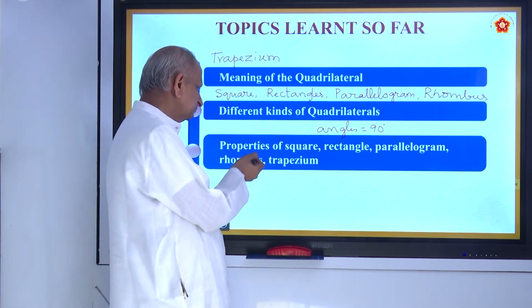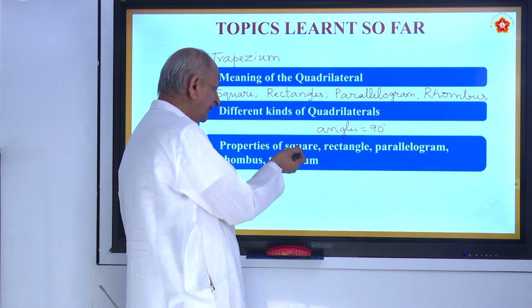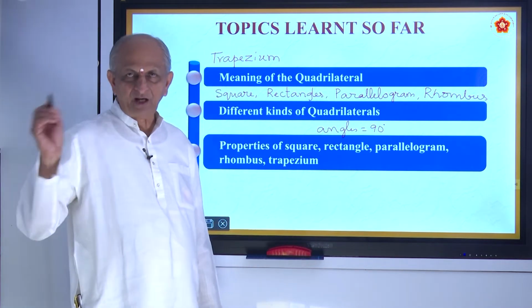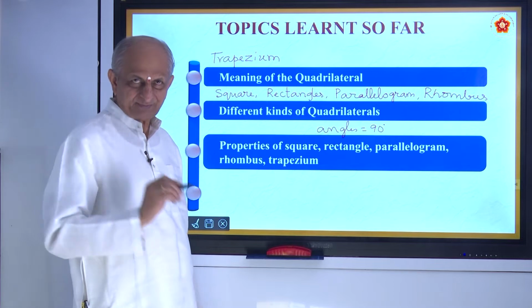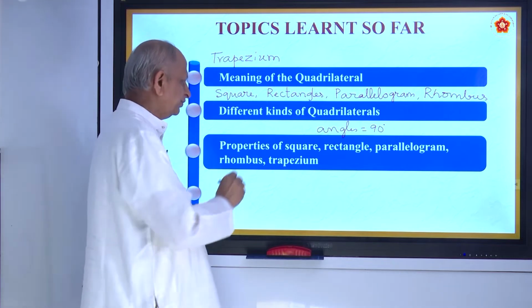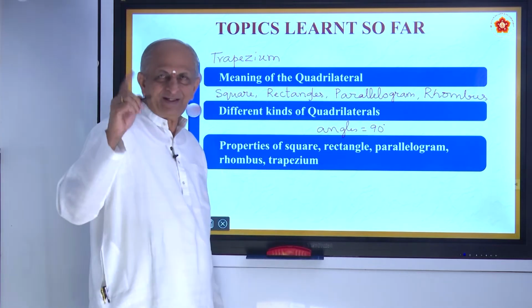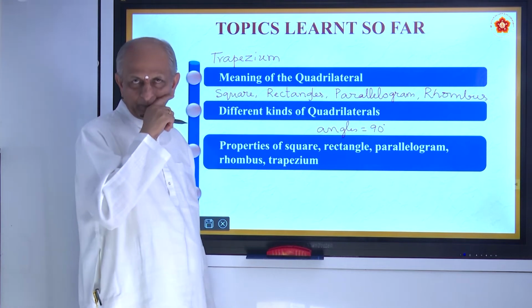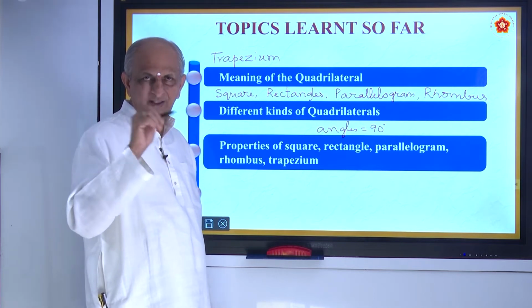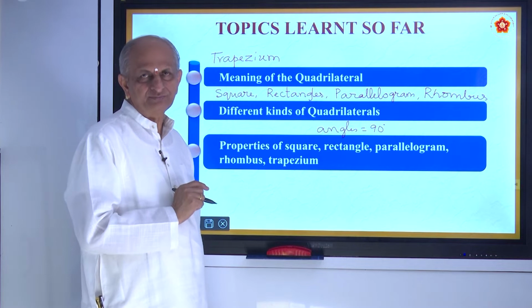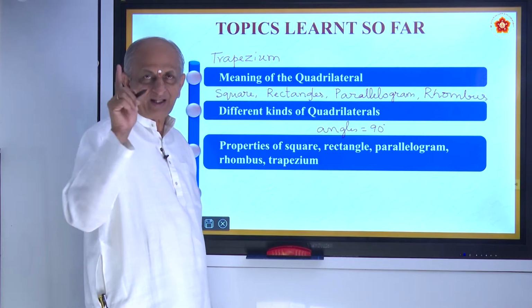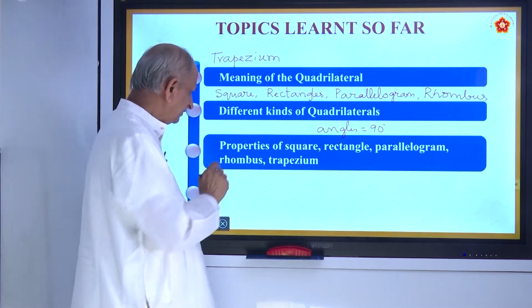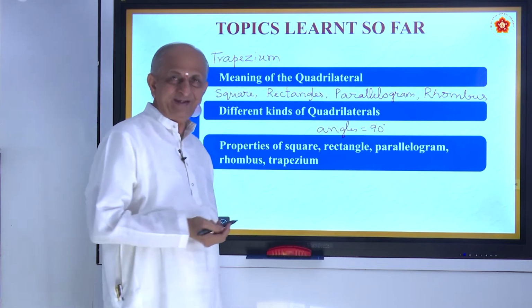And all squares are rhombuses, but all rhombuses are not squares, because in a square diagonals are equal, but in a rhombus diagonals are not equal. In a square all the angles are 90 degrees, but in a rhombus it need not be 90.